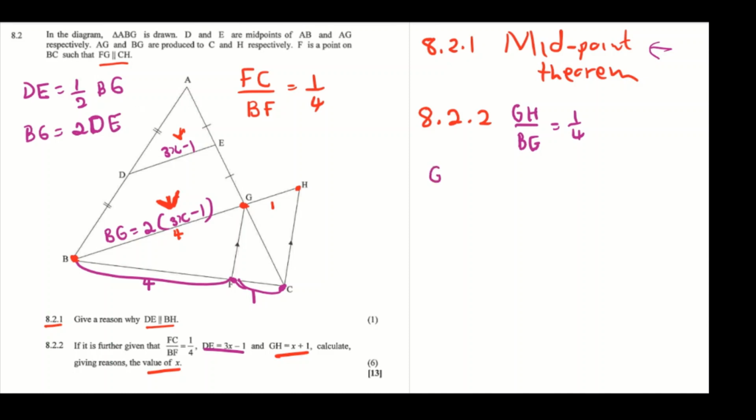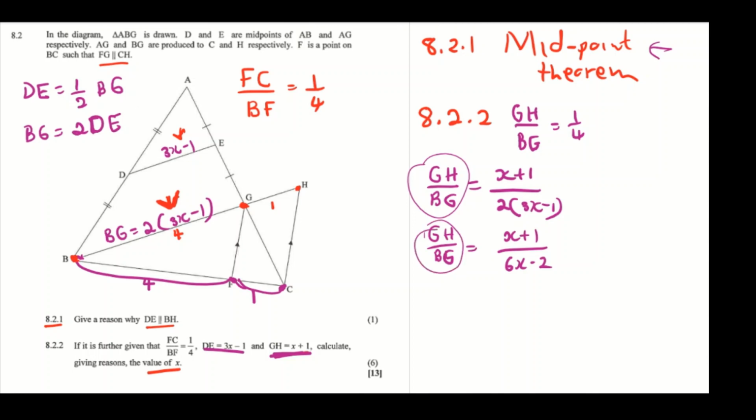So what is GH in terms of the expression? It's x plus 1. And what is the expression of BG? It's 2 multiplied by 3x minus 1, right? So GH over BG is equal to x plus 1 over 6x minus 2. But what is this expression equal to? It's 1 over 4, so you're just going to replace this with 1 over 4.